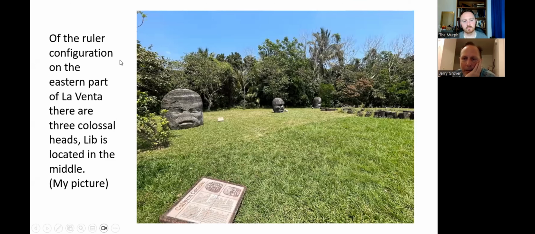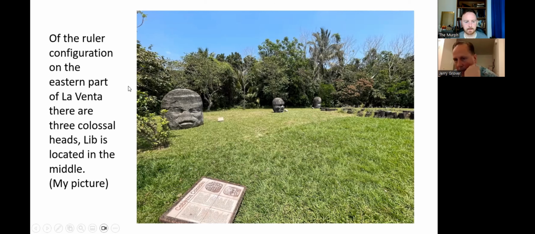So it kind of looks like maybe that name is describing the head itself. The leader is represented in his depiction because these are known to be rulers. They don't really know what their names are, but they have guessed those are ruling line leaders because a lot of them have been chopped up or have had marks made on them and defaced, which suggests there was a civil war of some sort.